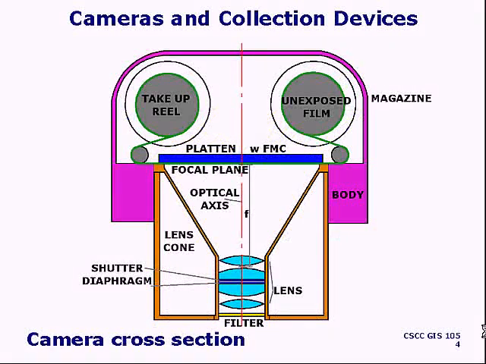Speaking of the camera, there are a few things that distinguish an aerial camera as being different than probably anything that you've ever seen in a photographic setting. One thing is going to be the size. Everything that I am going to describe here, the camera itself is about the size of a small file cabinet.